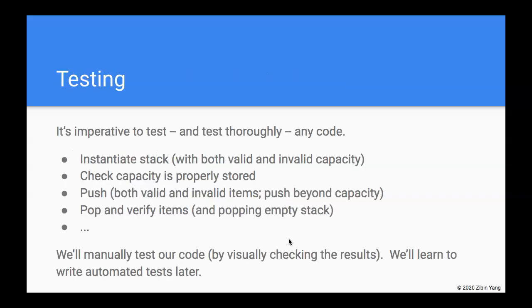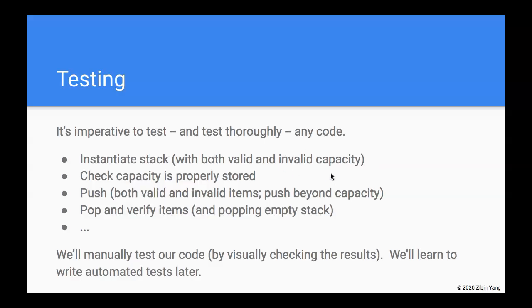All right, so now that we have an implementation, the next step is to test, and we have to make sure that we test our implementation very, very thoroughly. In this particular case of a stack, that involves, well, first we need to be able to instantiate some stacks, right? And remember, when we instantiate stacks, we can request a valid capacity, 10 or 100, or we can actually request an invalid capacity such as -1 million or something like that.